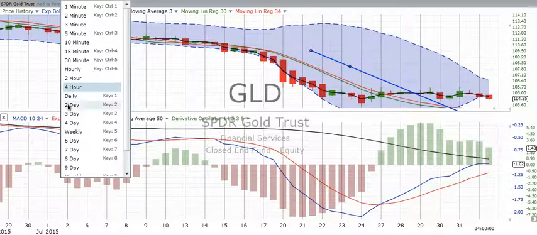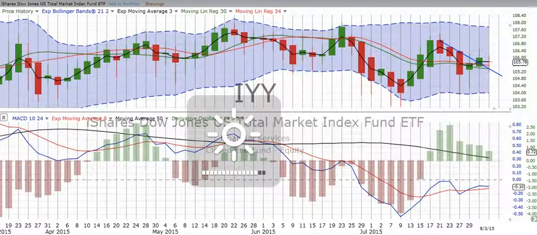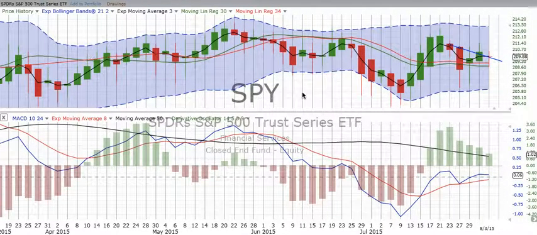Very quickly, let's talk about where the rest of our charts are. We talk about IYY, it is just barely up on the 2-day MACD, and it is also up on its 4-hour chart. SPY is barely up. And again, we've got a real doji here, a doji, D-O-J-I. Look that up if you don't know what that is as far as candlesticks go.